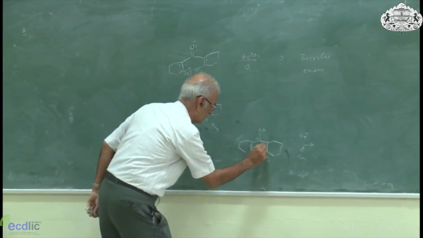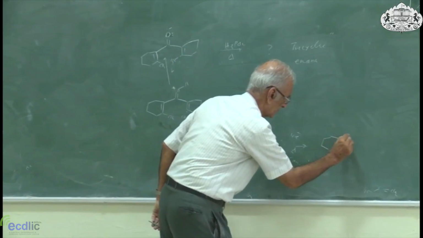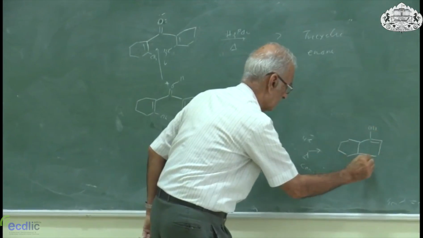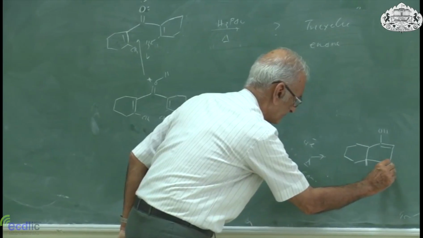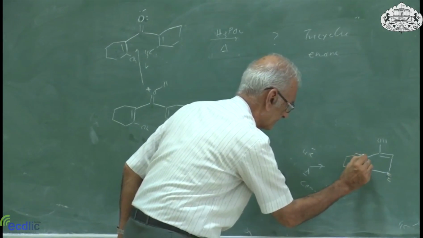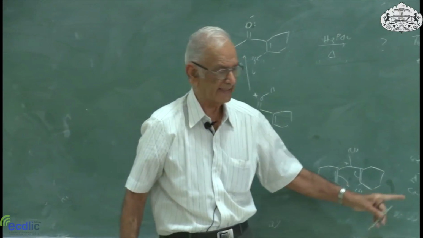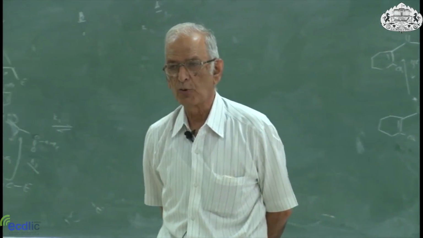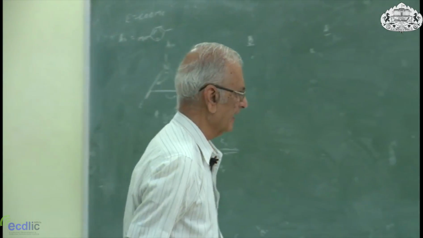Let us show it like this. One methyl group should be up, one methyl group should be down. So, the pentadienyl cation has converted into a cyclopentenyl cation.